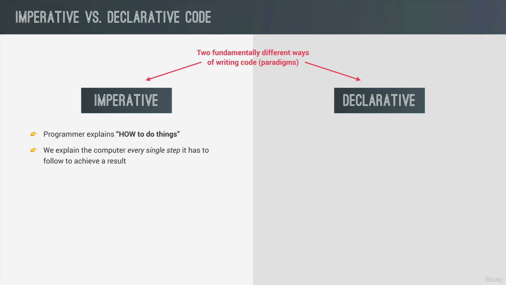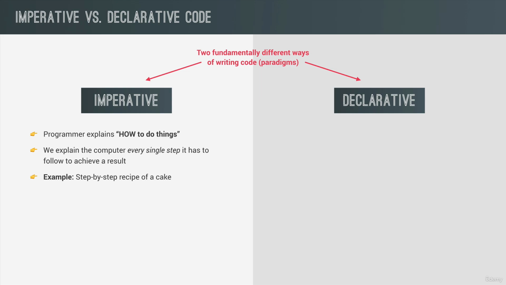So let's say that we want someone to bake a cake for us. And so if we would do that in an imperative way, we would tell the person exactly the step-by-step recipe that they would have to follow in order to bake that cake.